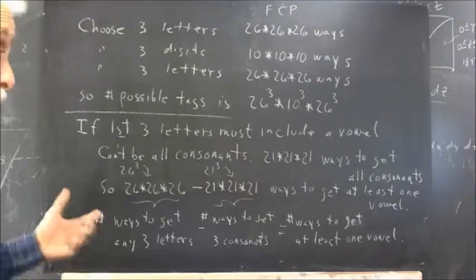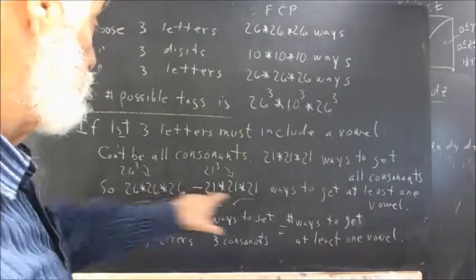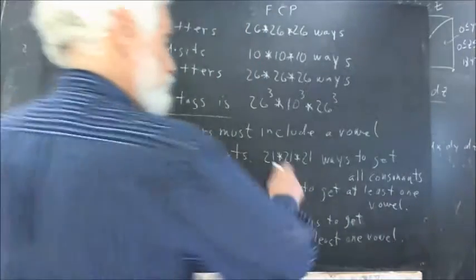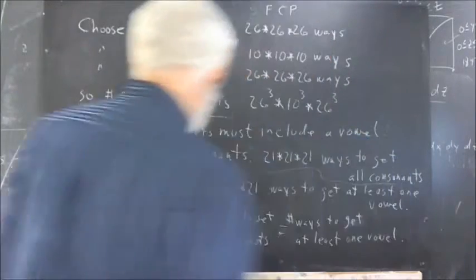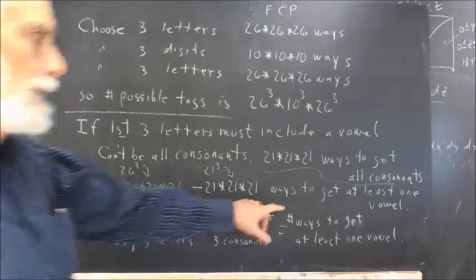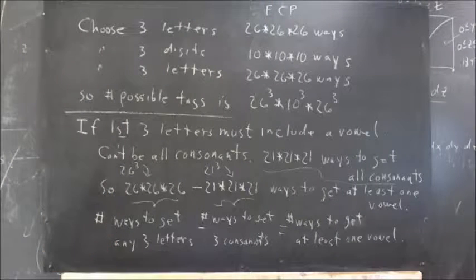You're left with the choices that contain at least one vowel. So there are this many ways to get at least one vowel, this many ways to get all consonants. Subtract that from the total number of possible choices, and you get the number of ways to get at least one vowel.